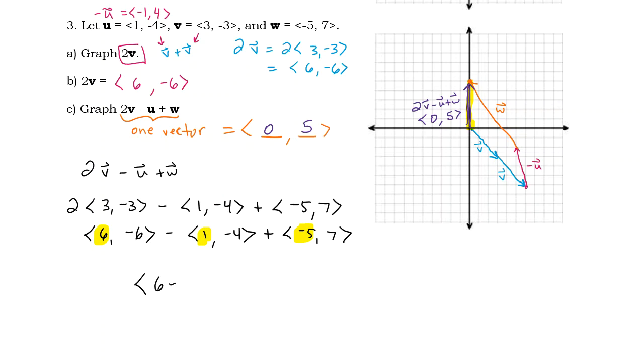So we're going to go 6 minus 1 plus -5. That's going to be the x component of the result. And the y component of the result is going to be found using these values. So we're going to have -6 minus -4 plus 7. We'll do that higher mathematics, and hopefully we get 5. So we get 0, 5, which we can see from the graph is exactly the result we got when we solved it graphically.